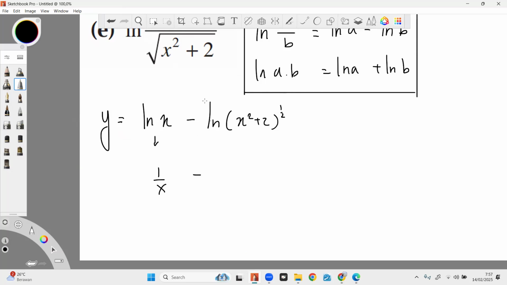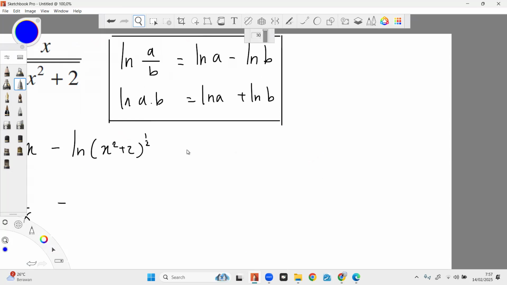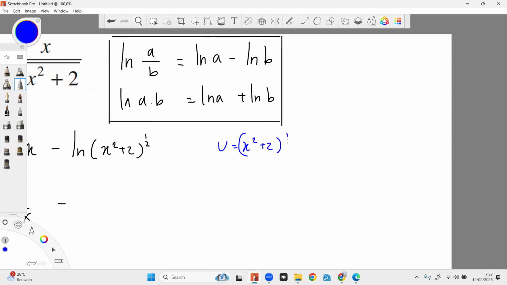Okay, we do this working separately. We separate u equals x squared plus 2 to the power of half. The u accent will be half, right? And then x squared plus 2 power half minus 1 times by the inside, which is 2x. So we get this, x times x squared plus 2 power negative half.